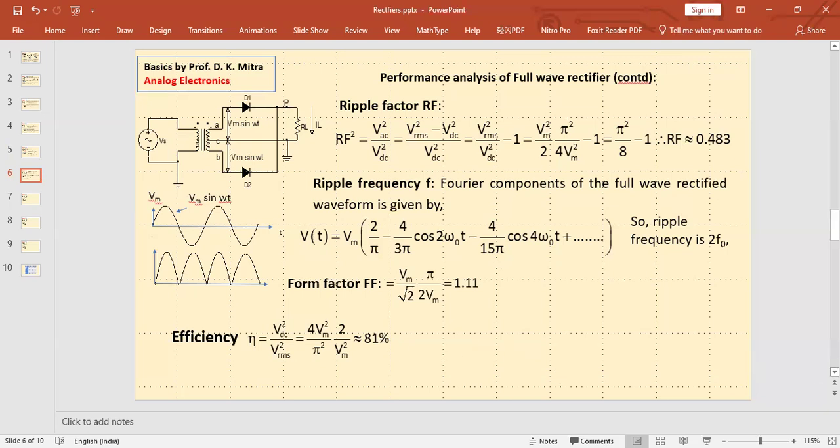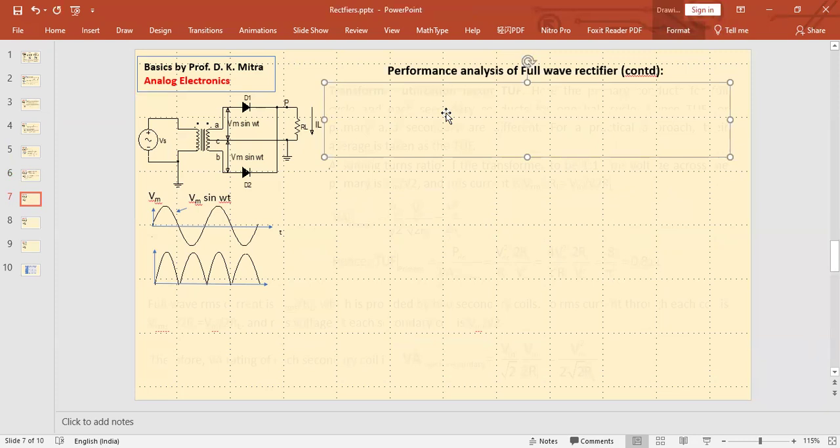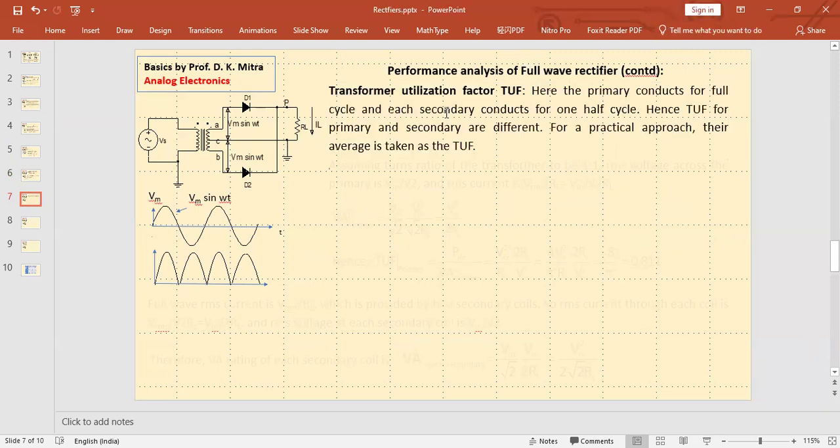After efficiency, we go to transformer utilization factor. Here, the transformer utilization factor equation is a little difficult because of these two secondaries and one primary. I have written it here. Here, the primary conducts for the full cycle and each secondary conducts for one half of the cycle.